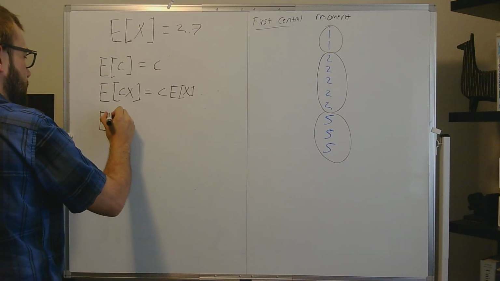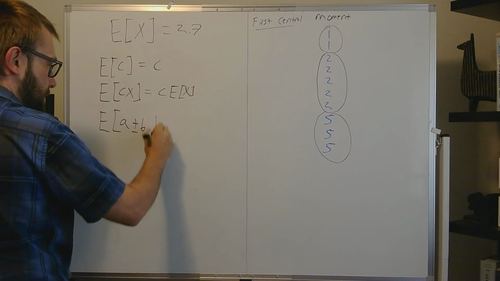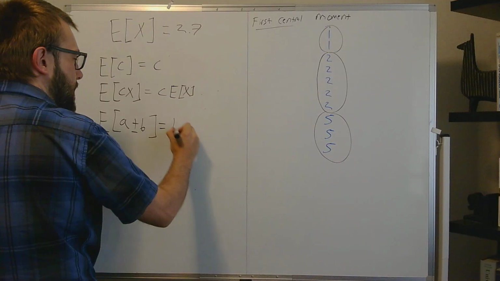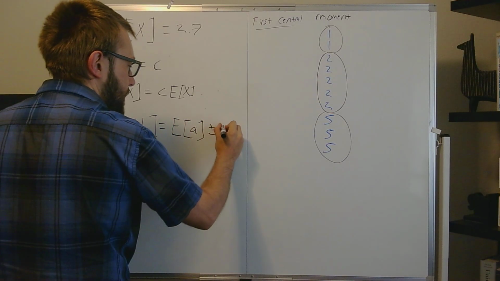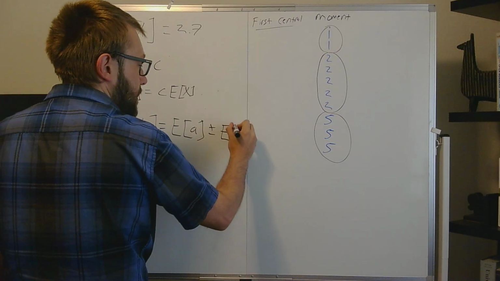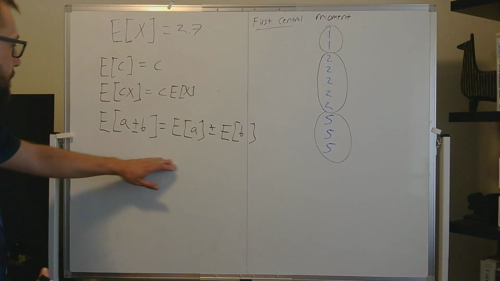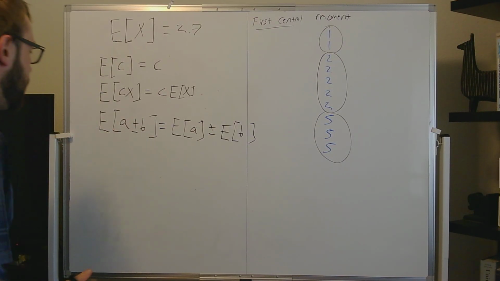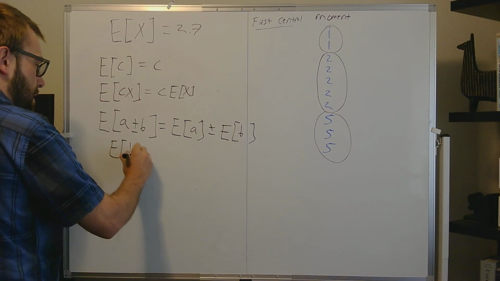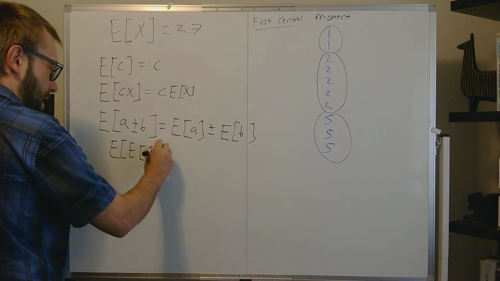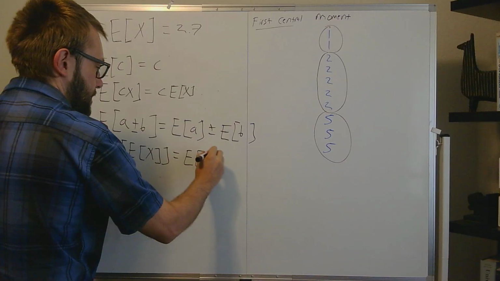The expectation operator of a plus or minus b is the same thing as saying the expectation of a plus or minus the expectation of b. So in linear terms, we can separate things. Finally, the expectation of the expectation of x is just the expectation of x.